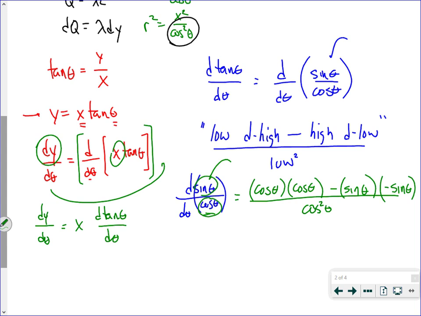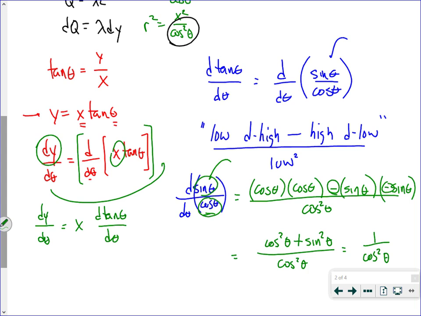Now check this out. In the top, we have cos squared theta minus negative sine squared theta. Everybody knows that that's 1 over cos squared theta. Agreed?